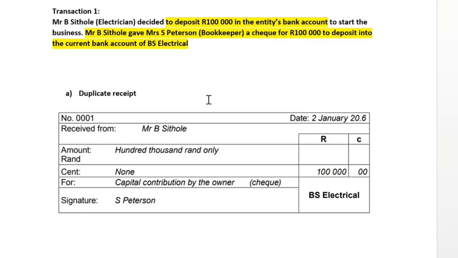It's a duplicate receipt. So this receipt is an acknowledgement of receipt of the check. Mrs. S. Peterson is acknowledging that she received a check from Mr. B.C. Tolle for 100,000.